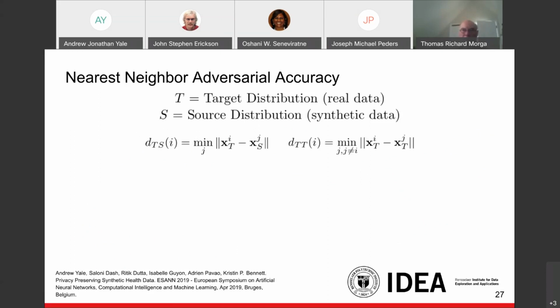And then we'll also have DTT, which is within the real data from point I, what's the distance to its closest neighbor in the real data that's not itself.